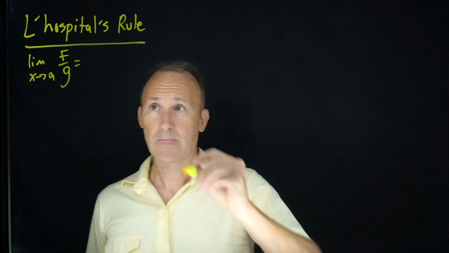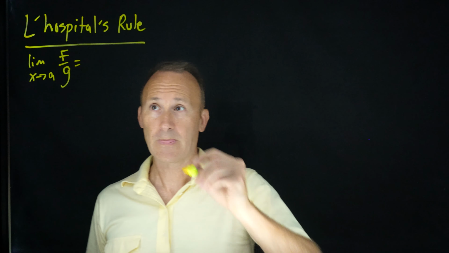It is the classic: what's the limit as x approaches 0 of sine x over x? This is indeterminate because if you plug it in, it's 0 over 0. That's one of our indeterminate forms, but it's also the L'Hôpital form.